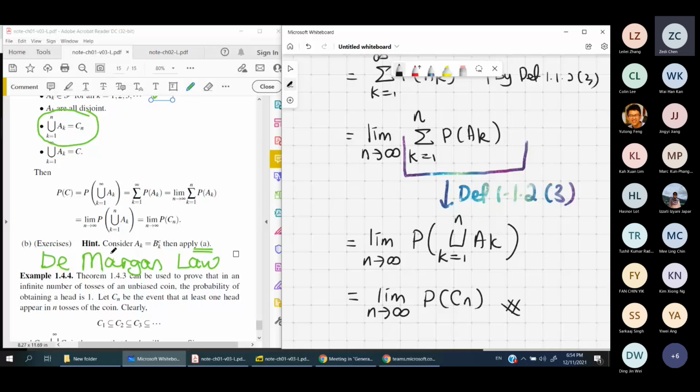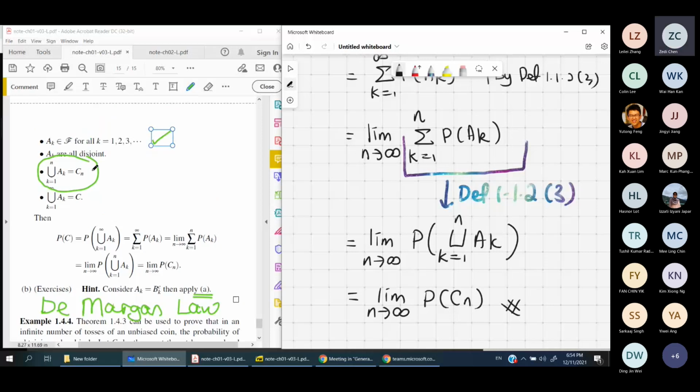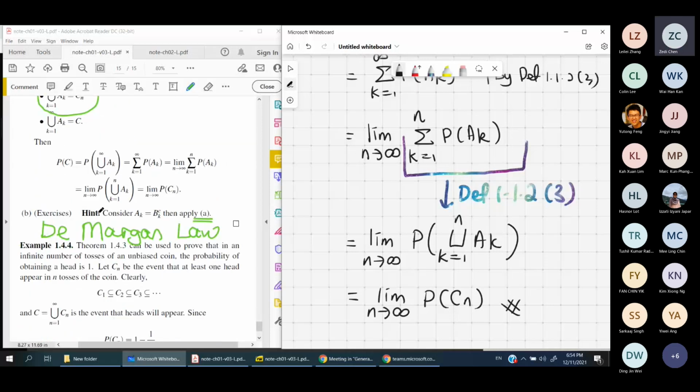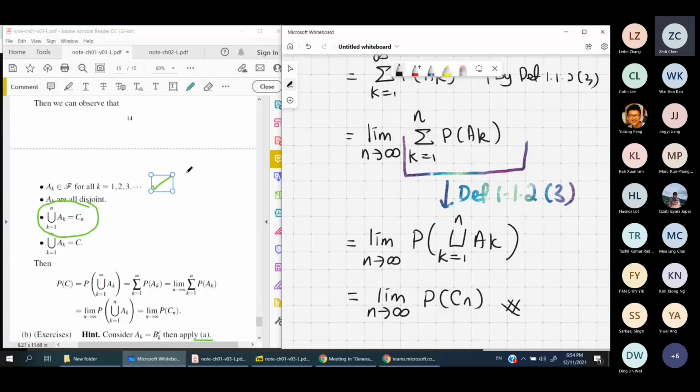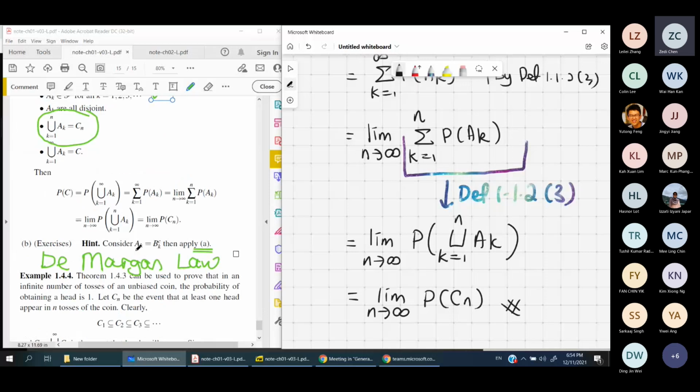So for part B, you need not go through all these constructions. What you need to do is directly apply this formula. You just need to consider AK to be the complement of BK, and then apply the formula in part A. You might need to do some derivation using De Morgan's law.